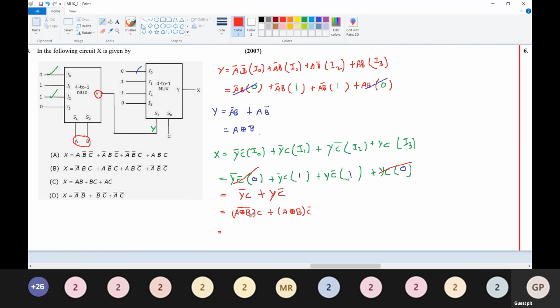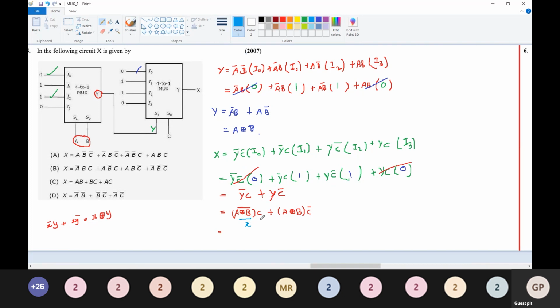This almost resembles a formula, of the form x dash y plus x y dash is equal to x XOR y. So if you see, this is your x term, and this is x dash y plus x y dash.